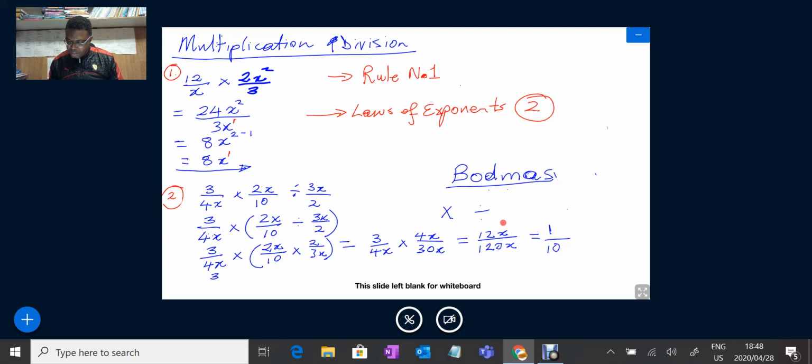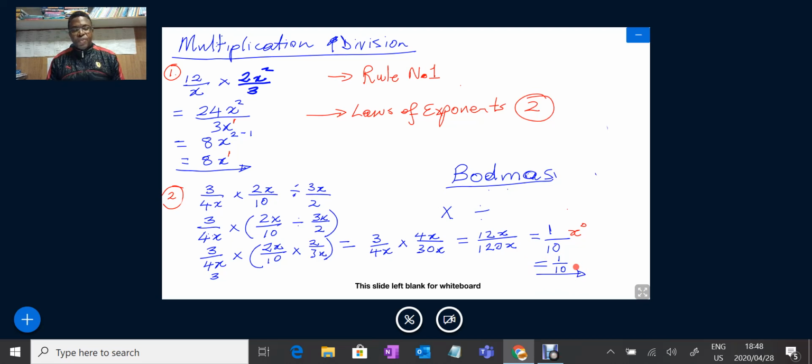Remember here, same basis, we're dividing the same basis. When we divide the same basis, we subtract the exponents. So we will have, let me write this, x to the power 0, just for you to see, and therefore the answer is 1 over 10.